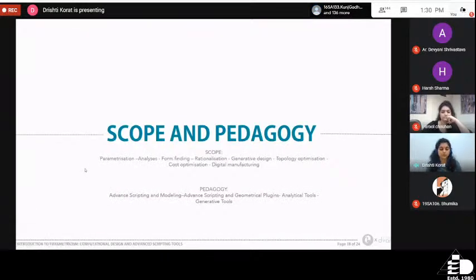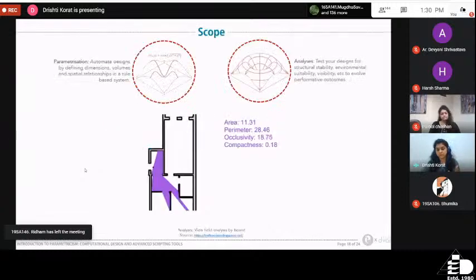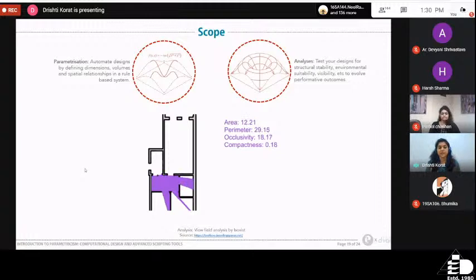Okay, so let's look at the scope and pedagogy. By scope, I mean what all can you achieve through this system. So we looked at tools, looked at methods, but what all can this system do? In terms of scope, the first thing that's very evident from this entire discussion is parameterization, which is basically automating your design.